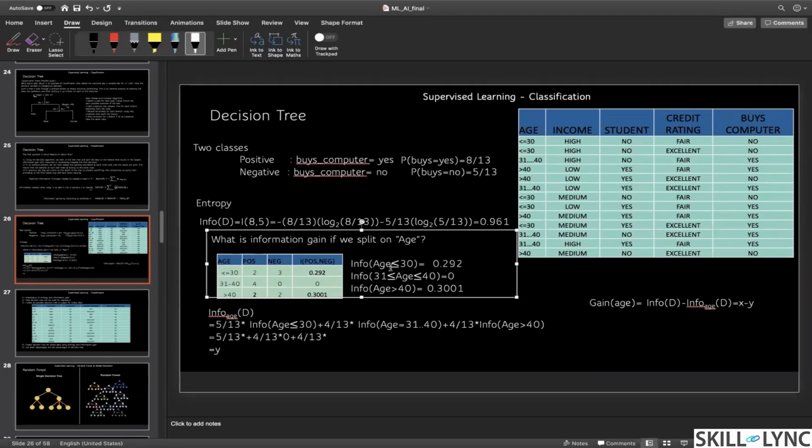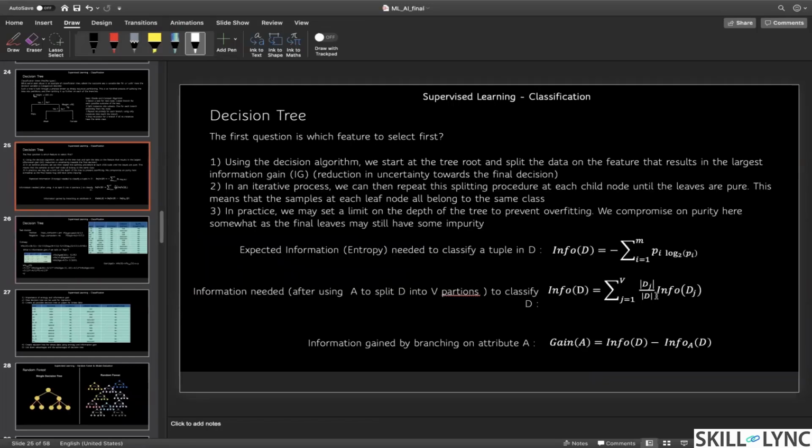Now if you want to calculate the cumulative information of age, how should we do it, using this formula which I showed you in the previous slide? Here it will be dj by d, right?